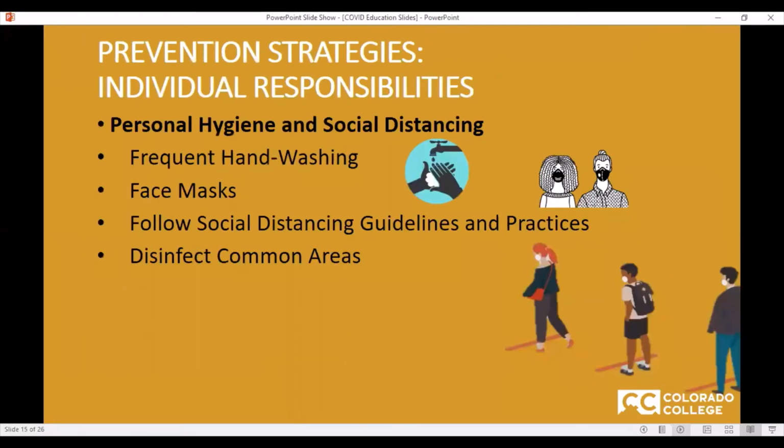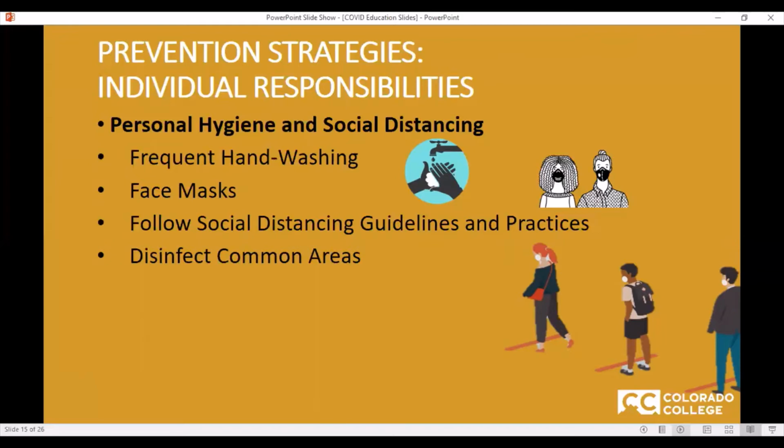In addition to being attentive to any symptoms through the daily screening, there are a number of personal hygiene and other prevention steps that you'll be required to carry out when you return to campus. Practicing hand hygiene, wearing masks, and following social distancing guidelines are simple yet effective ways to prevent the spread of COVID.